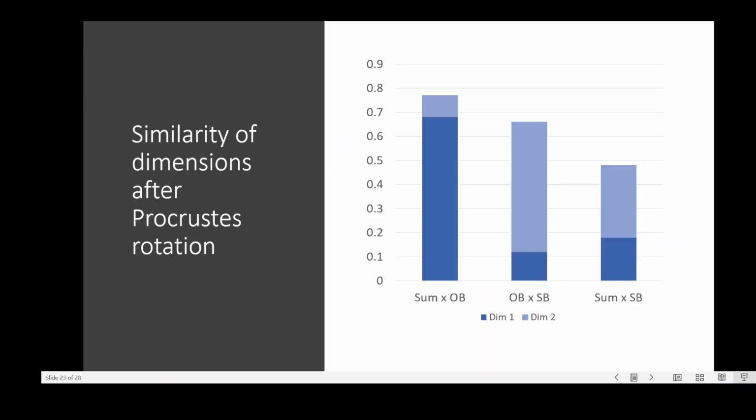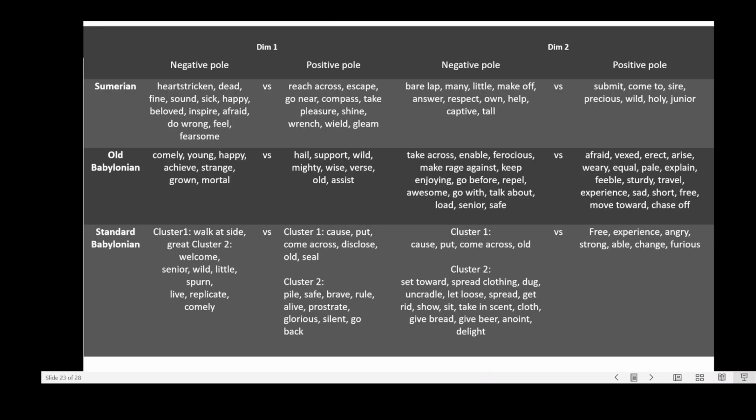And so what we find again is temporally closer structures. So Sumerian and Old Babylonian. Here I basically stacked the similarity of the correlations for dimension 1 and 2 together. So what you can see overall, the temporally closer dimensions are more similar and the temporally more distant structures are more dissimilar. So Sumerian and Standard Babylonian are least similar to each other.